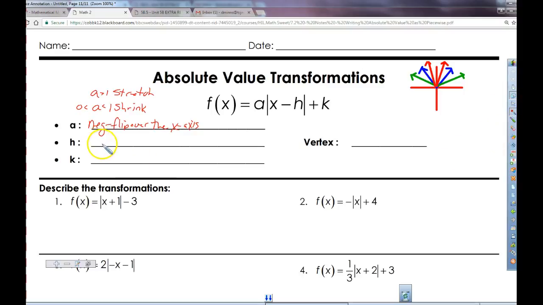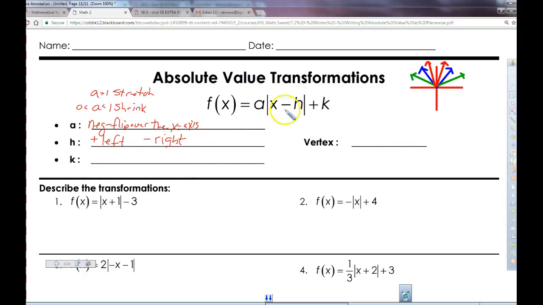Or your H value. Your H value that sits right in here. If that value is positive, we move to the left that many spaces with our vertex. If the value is negative, we move to our right that many spaces with our vertex.